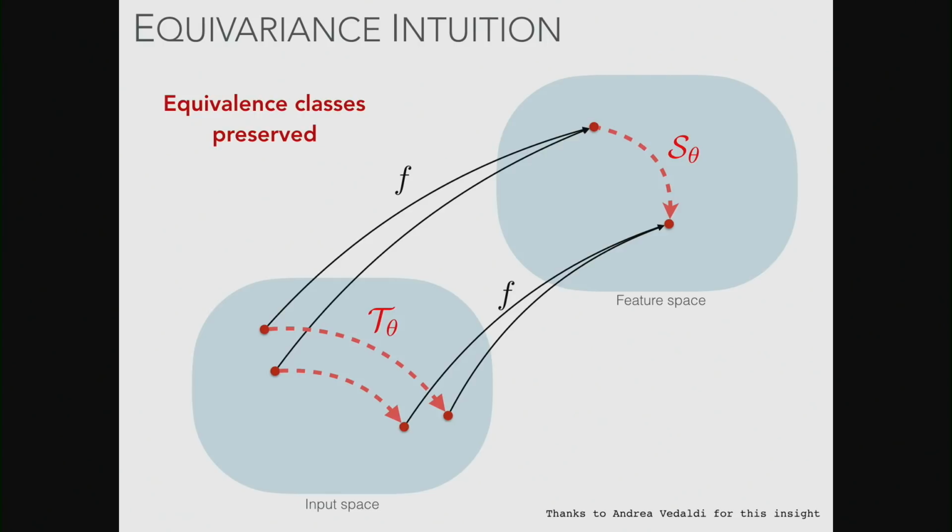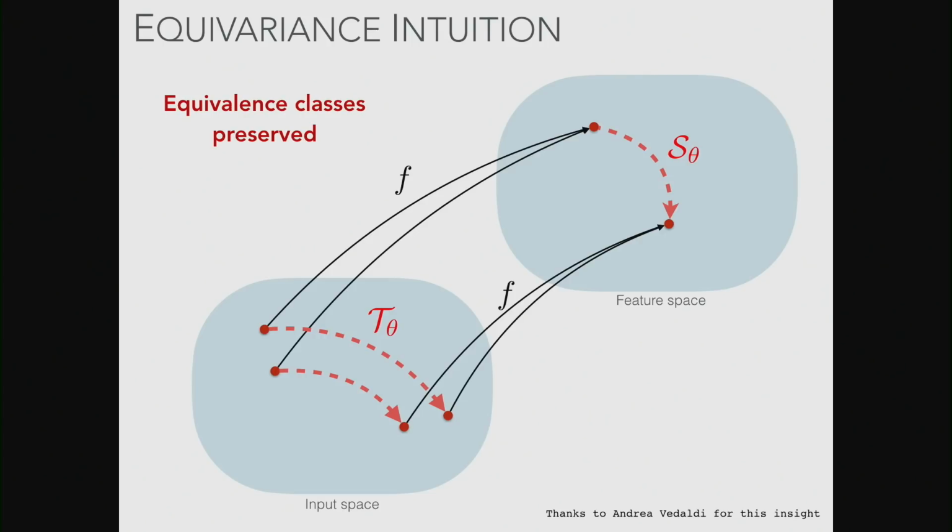So when 2 points end up at the same point in feature space, they're said to be in the same equivalence class. And equivariant functions preserve equivalence classes. So this is a kind of invariance, in a way. It preserves the fact that if these two input points end up in the same feature, there is some sort of transformation I could draw between the two, which makes this mapping F invariant to that transformation.